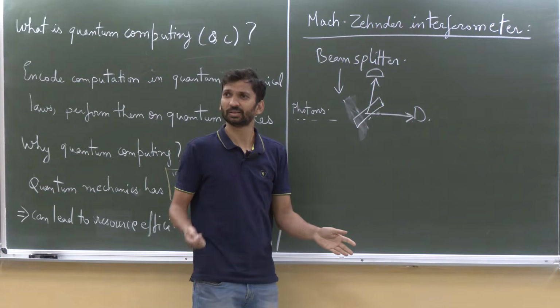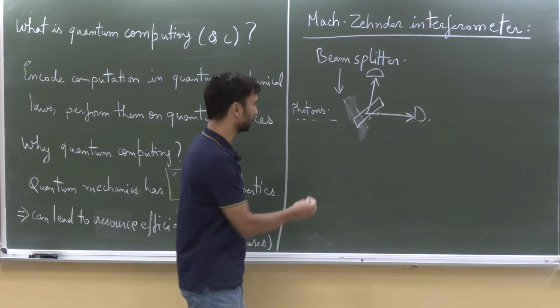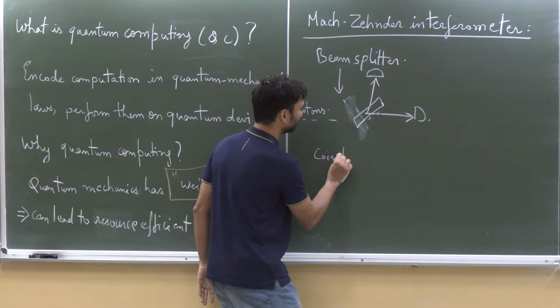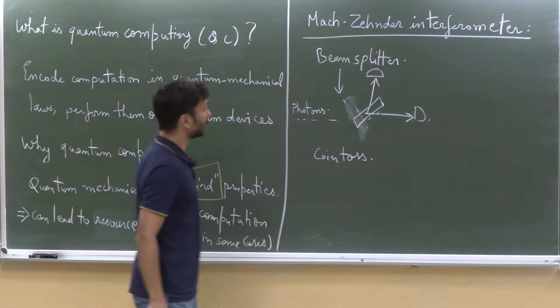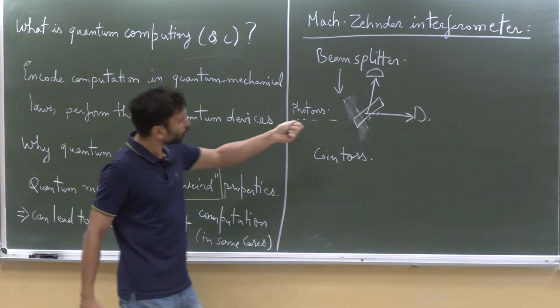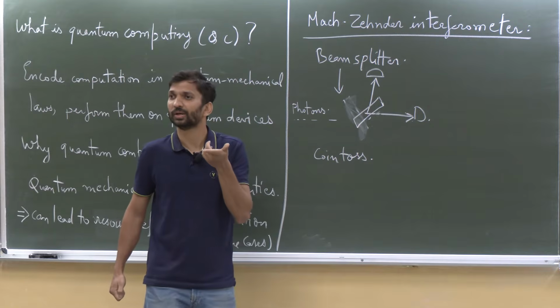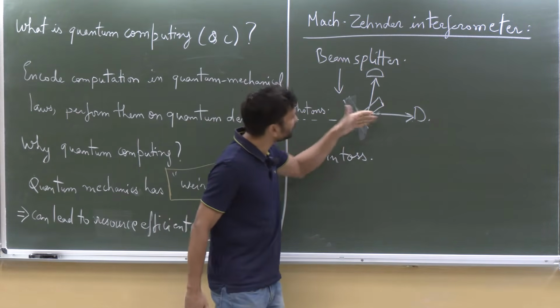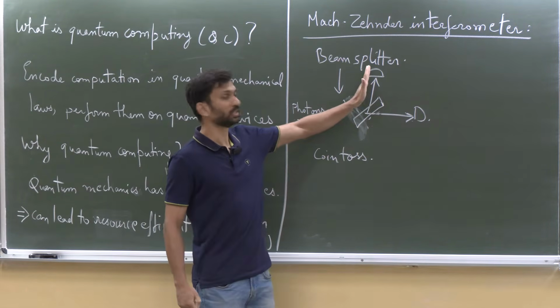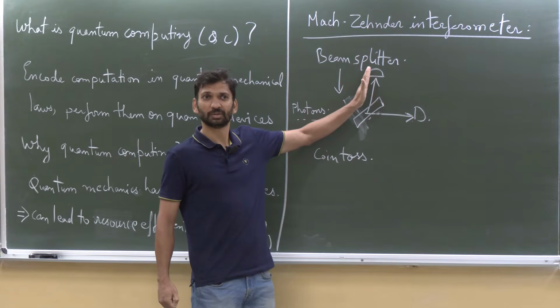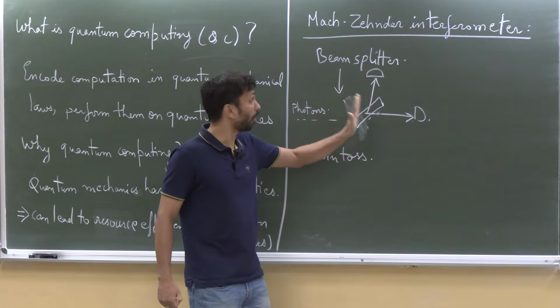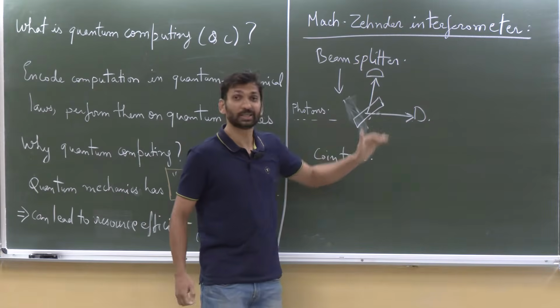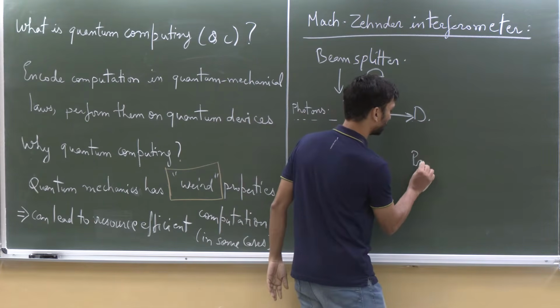This is like a coin toss. Correct? So what is happening? Every time a photon goes through this beam splitter, it tosses a coin. If it is heads, it passes straight through. If it is tails, it goes up.